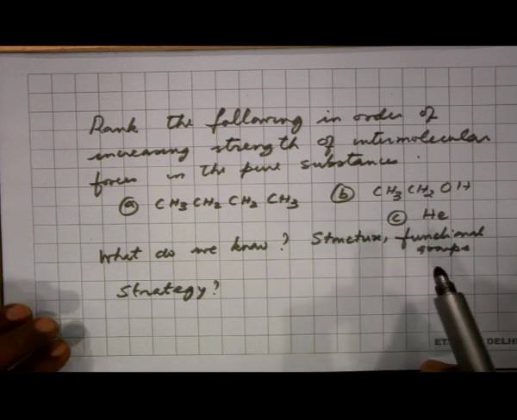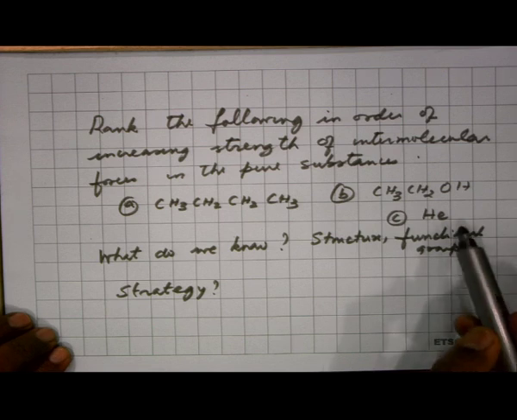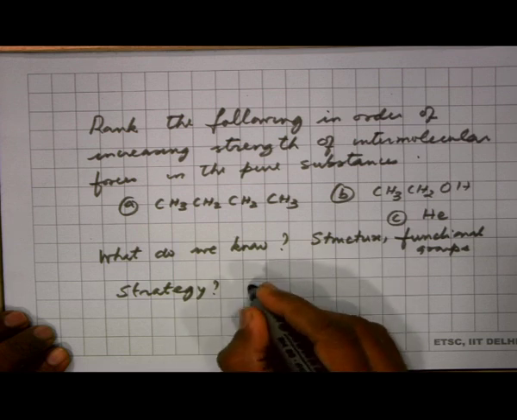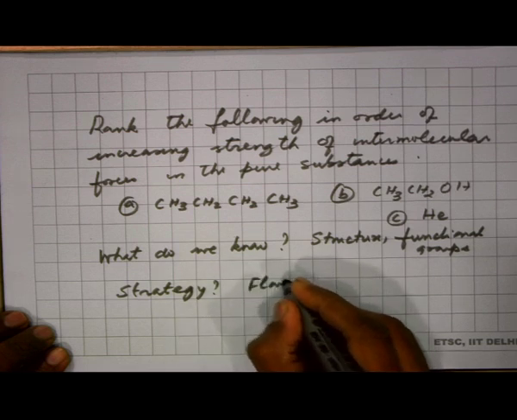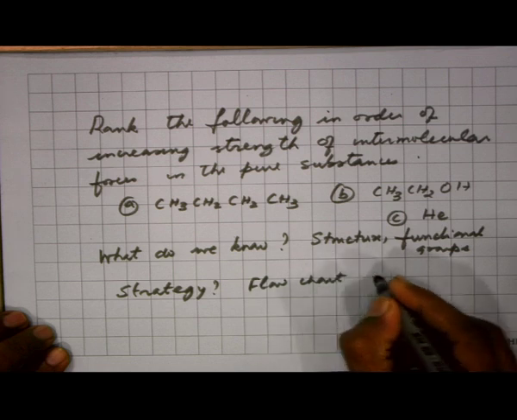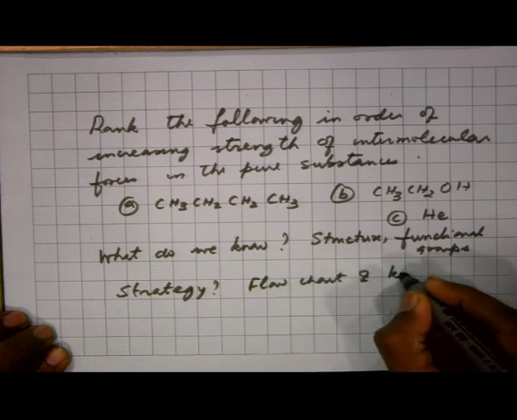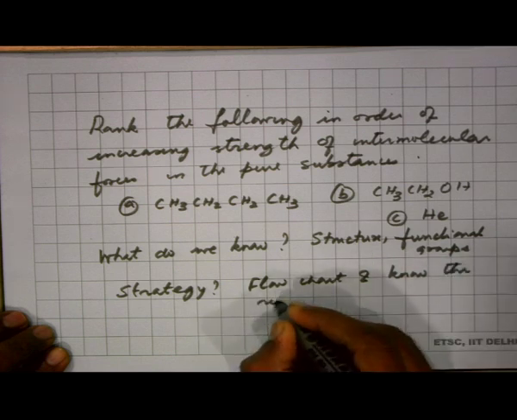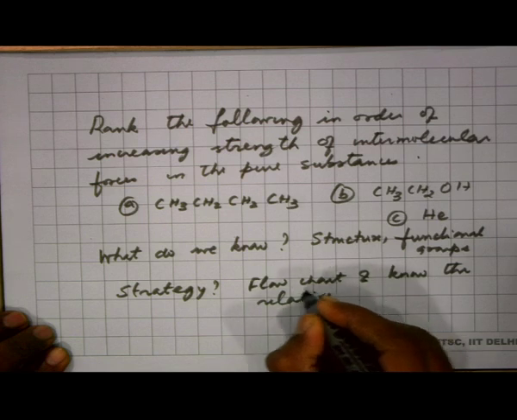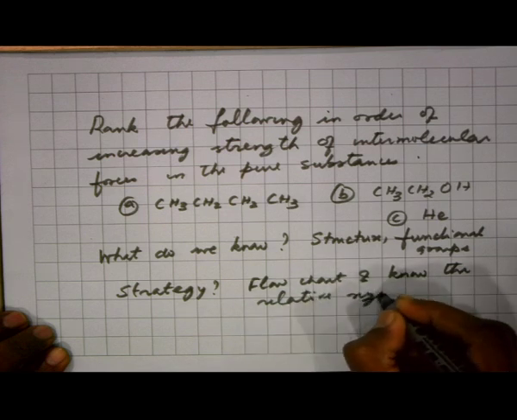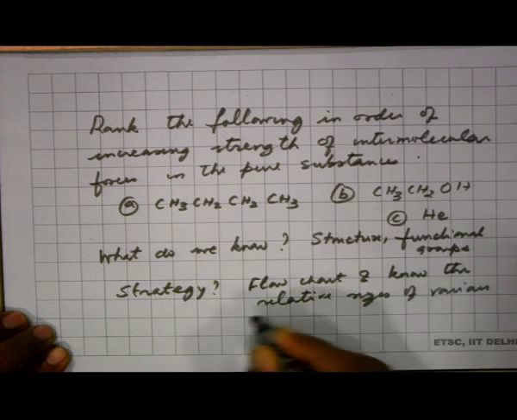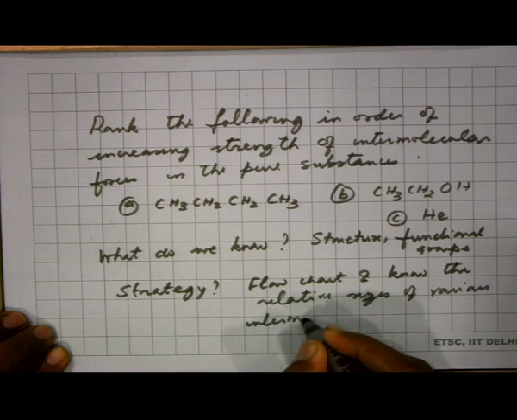In this case, fortunately, you are given the structure. You have to be able to identify the polar groups and then use the flow chart and know the relative sizes of various intermolecular forces, interactions.